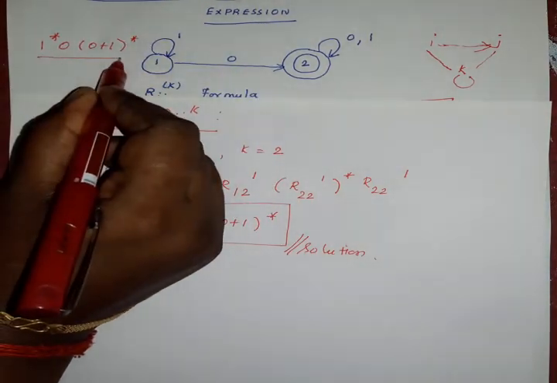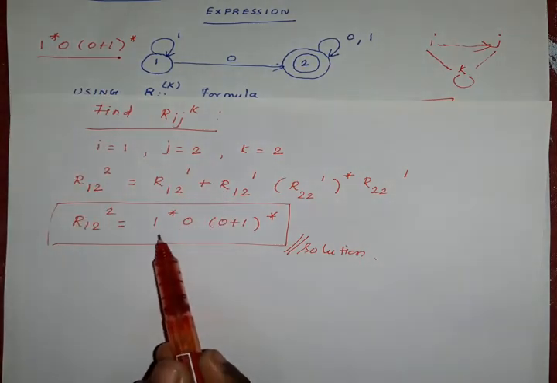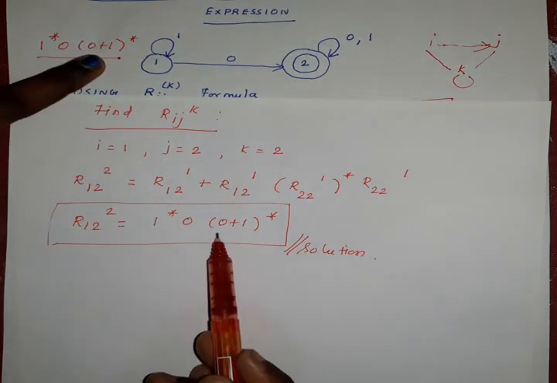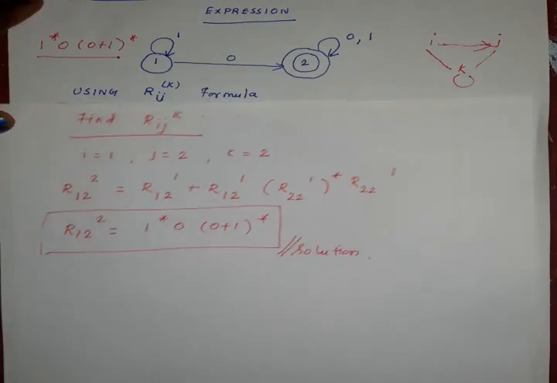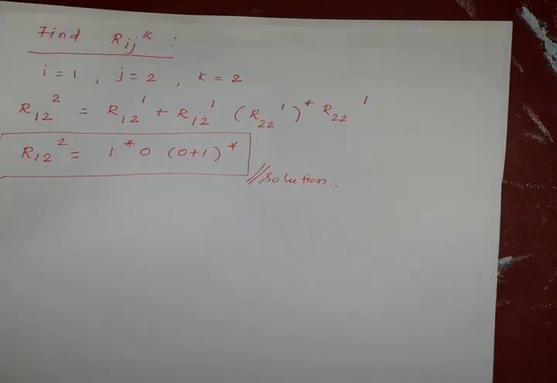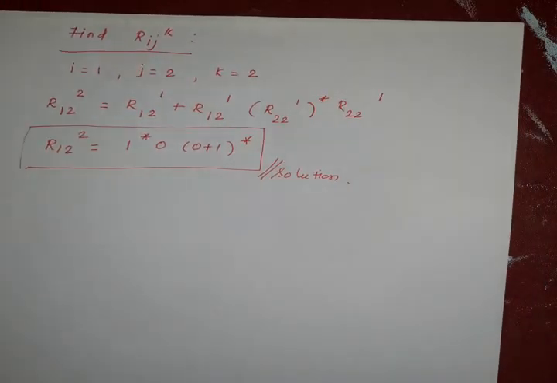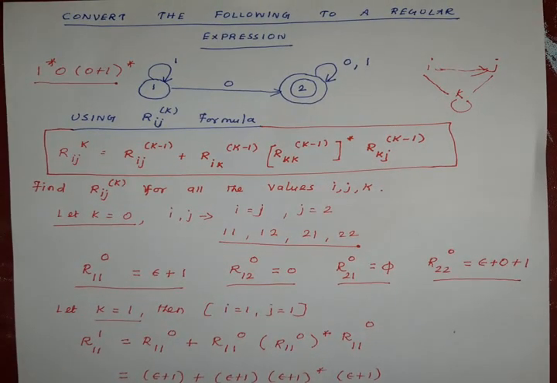We can directly write it from the finite automata. See the result, 1 star 0 and 0 plus 1 the whole star. So we can directly write the regular expressions from the finite automata. We can cross verify, but by using this Rijk formula, we can derive the regular expressions from this finite automata.